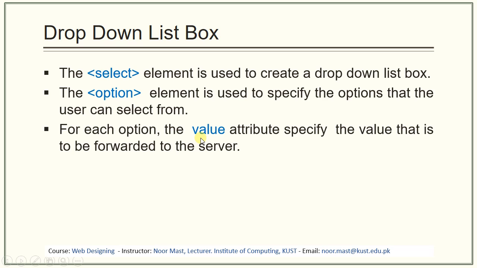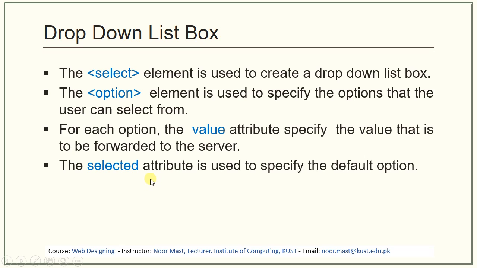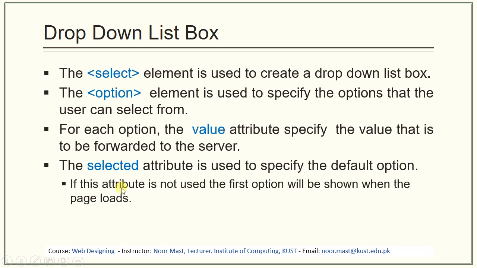For each option element, the value attribute specifies the value that is to be forwarded to the server if the option is selected. To specify the default option, the selected attribute is used. Otherwise, the first option will be displayed when the page loads.